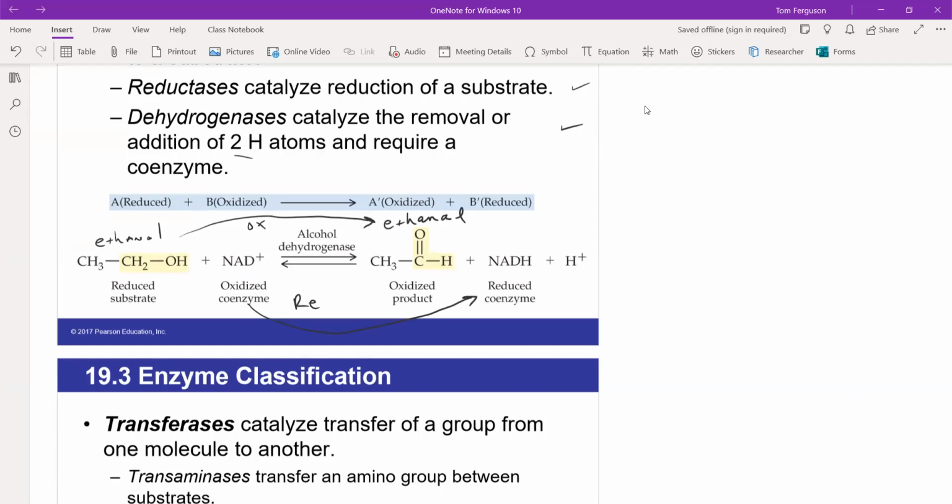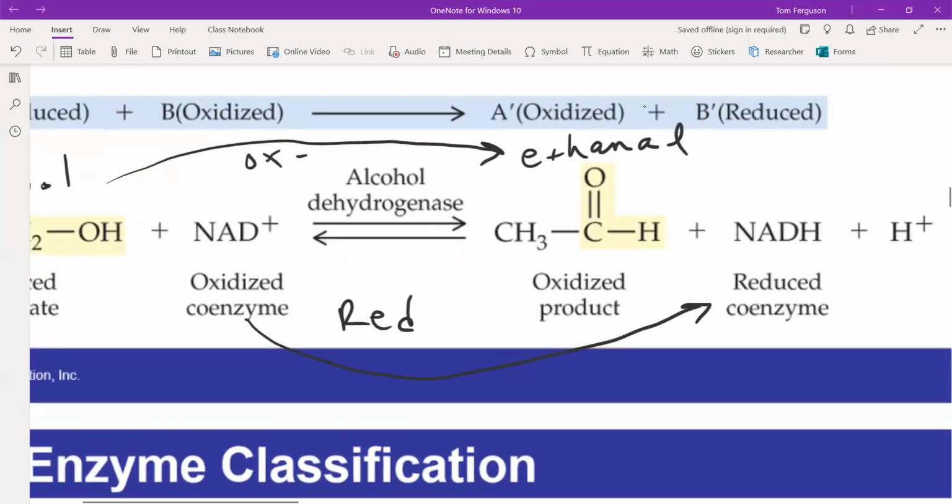This is being reduced. This is going to lose a hydrogen. Gain a hydrogen.